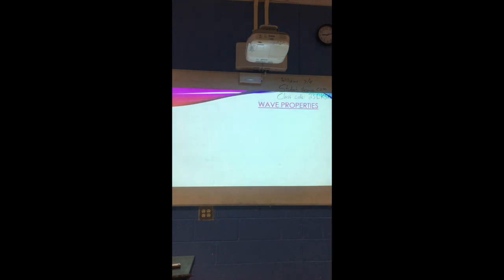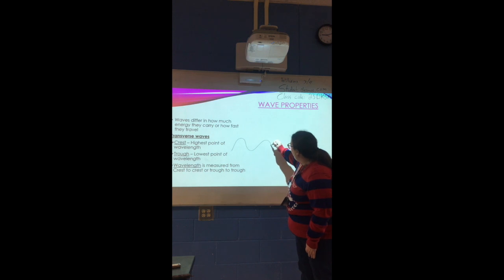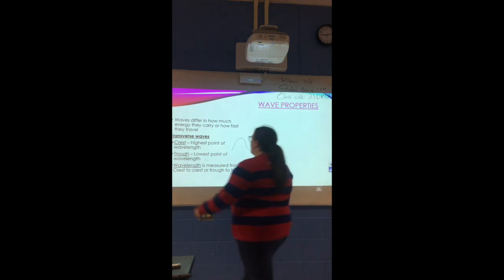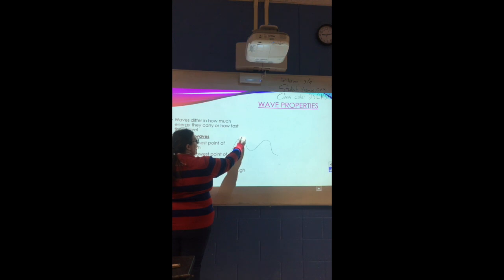So when we're talking about waves, we talk about different properties in our waves. For the transverse waves, we're going to have that wave again. Mine is not nearly as pretty as the normal drawn out waves. We have the crest, which is the highest point of our wave, so right here.